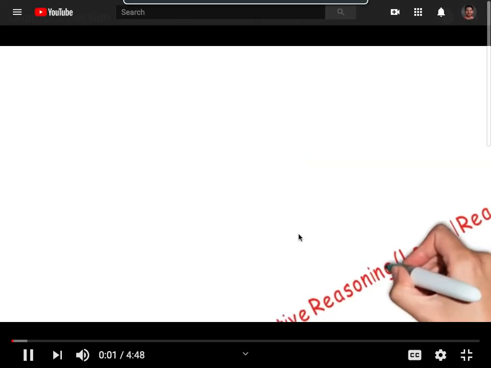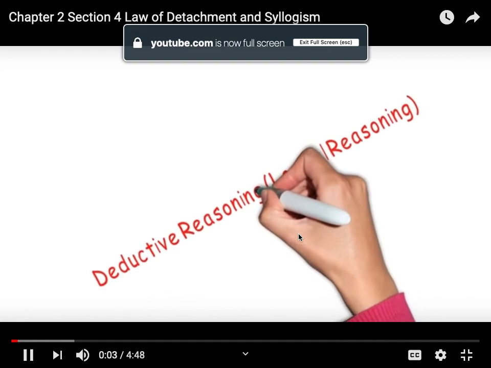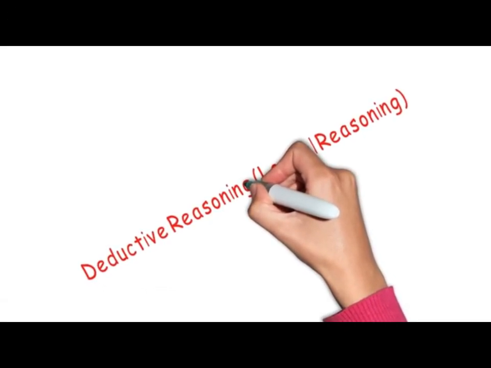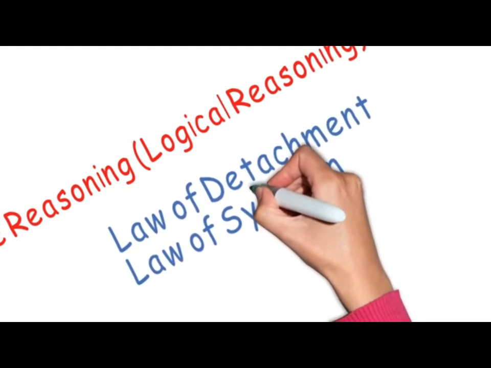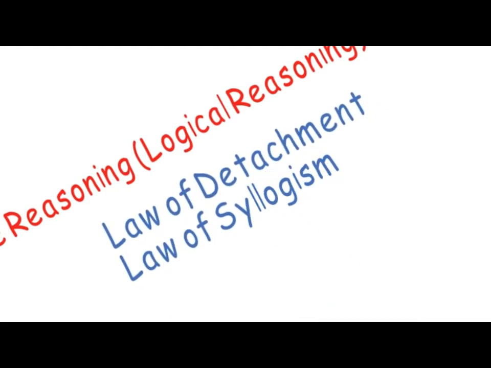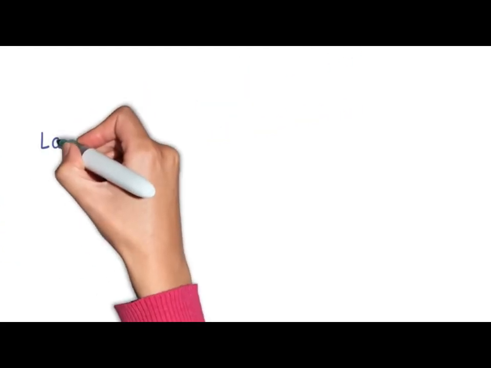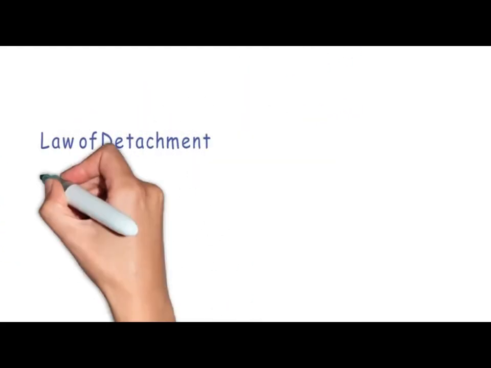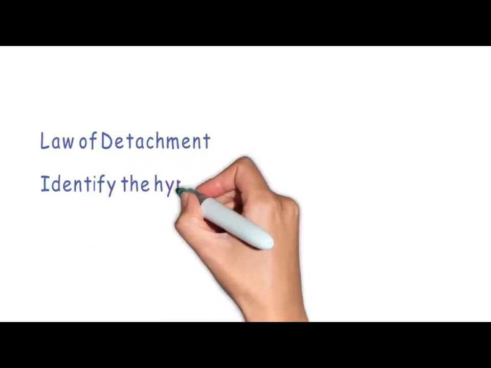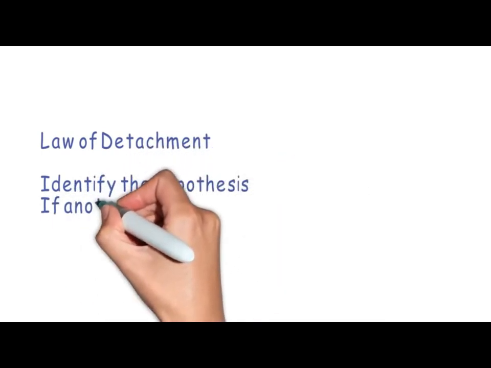No. Today we're going to dive more deeply into deductive reasoning, which is also called logical reasoning. We're going to look at some given conditional statements to make facts or conclusions. We're specifically going to look at the law of detachment and the law of syllogism. We're going to start with the law of detachment. It says that we need to identify the hypothesis.